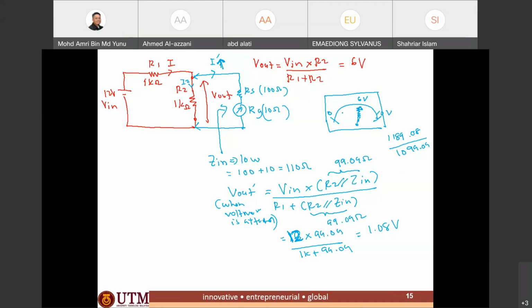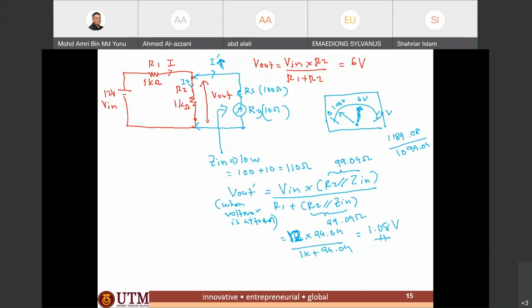It will be 1.08 volt. It's a very high error, because the input impedance of the voltmeter is very low. So the output shown on the voltmeter is actually low compared with the actual output. The voltmeter is giving a big error.